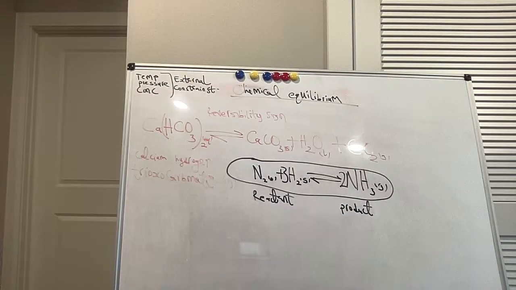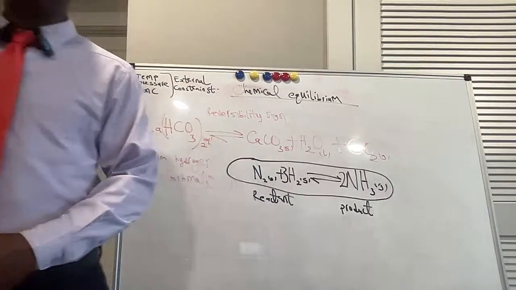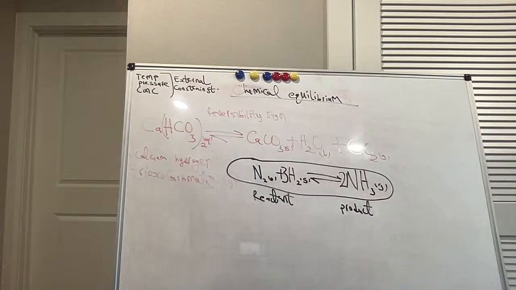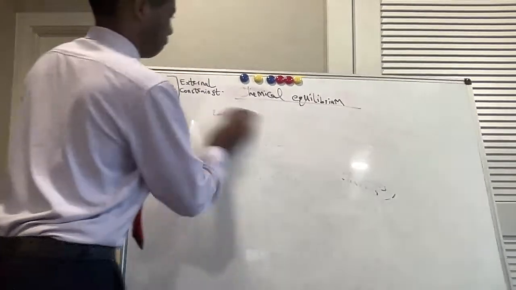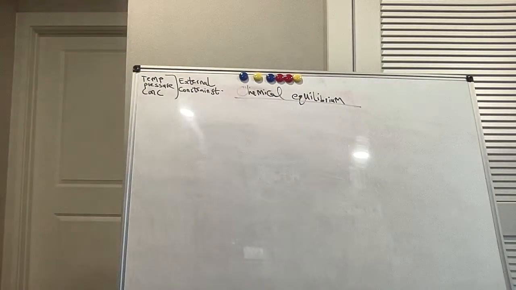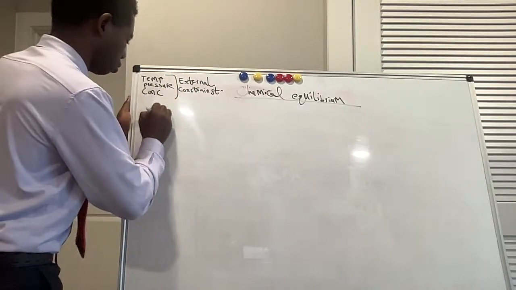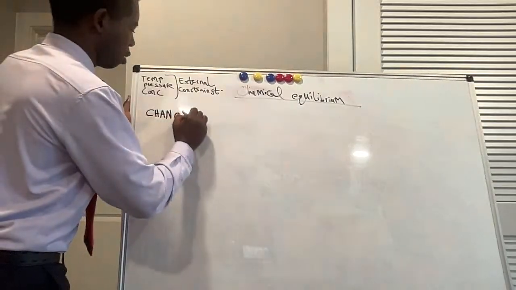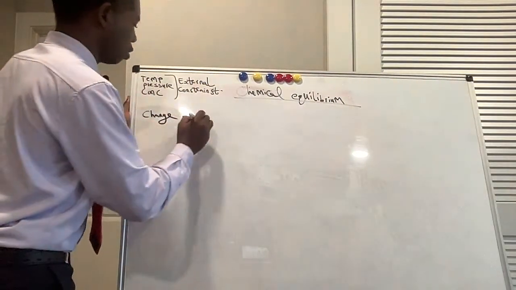He defined equilibrium in such a way that when the backward reaction is equal to the forward reaction, change the temperature. Change in what? Temperature.